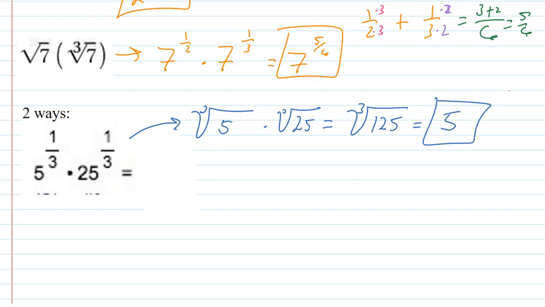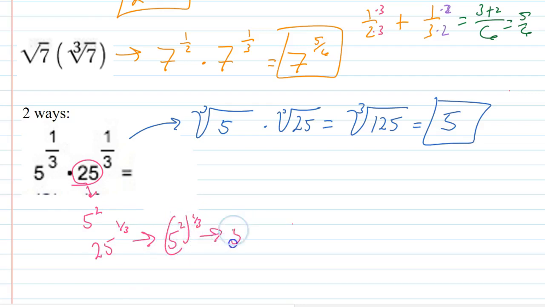The other way of doing it is with the fractional exponents. 25 is the same thing as saying 5 squared. So 25 to the power of 1/3 is the same thing as saying 5 squared with the power of 1/3, or saying 5 to the power of 2/3. So what I'm saying here is that 25 to the power of 1/3 is the same as 5 to the power of 2/3, because 5 squared is 25, and then we still have the 1/3.